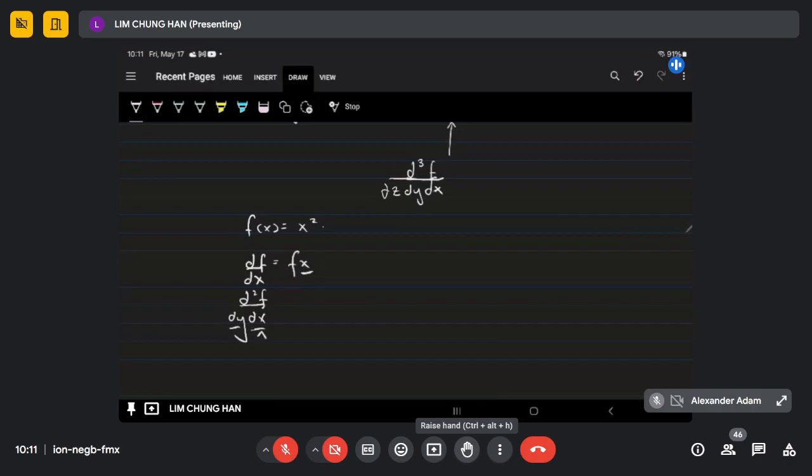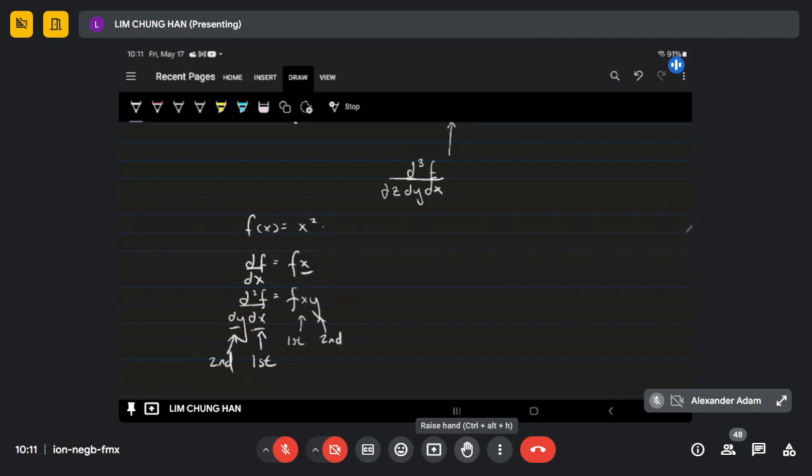Remember, you do this one first, you do this one second. But if you write in terms of f only, then you will write x, y. So it's a bit confusing. What it means is you differentiate x first, you differentiate y second.